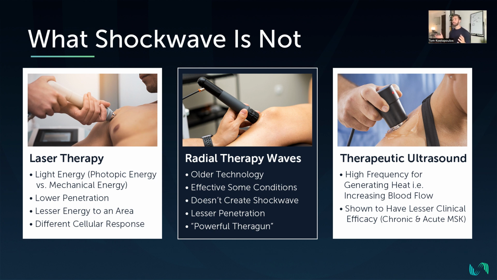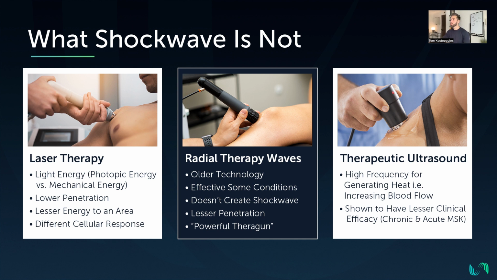Now, listen, it does have good benefits, especially if you're using it for, say, maybe plantar fasciitis, some superficial level tissue. It just has a much lesser penetration depth. And it doesn't actually create a true, powerful shockwave. We'll get into what that is later, but that's where all the positive biological effects take place.